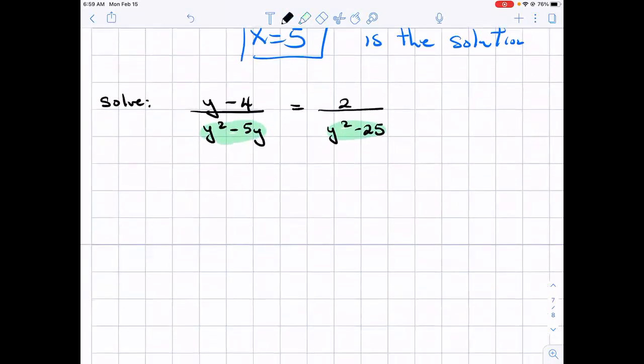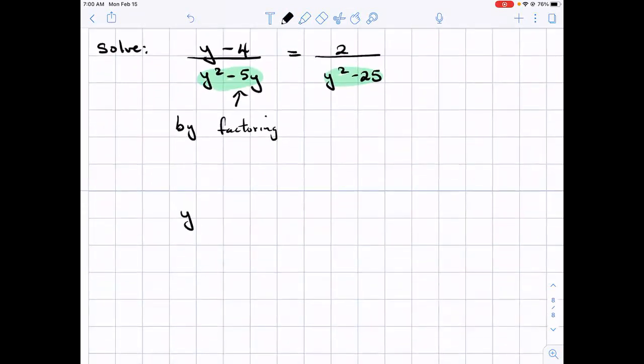So by factoring, this here, you have y minus 4 over y times y minus 5.